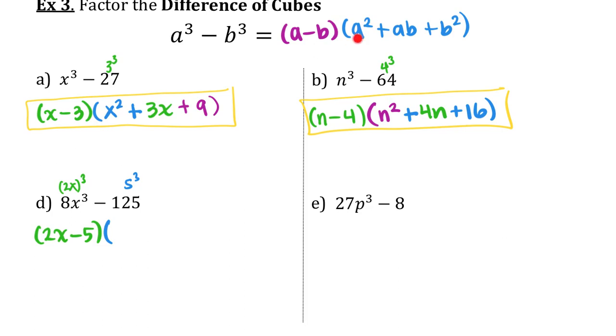You can either square the first thing, so 2x squared is 2x times 2x, which is 4x squared, or I can say, what do I times this by to get this? Either way, 4x squared. I already used the minus, and I know all pluses. Plus this times this, 2x times 5, 10x. Plus the second thing squared, which is 25. And just to check, if I do minus 5 times 25, I do get minus 125.